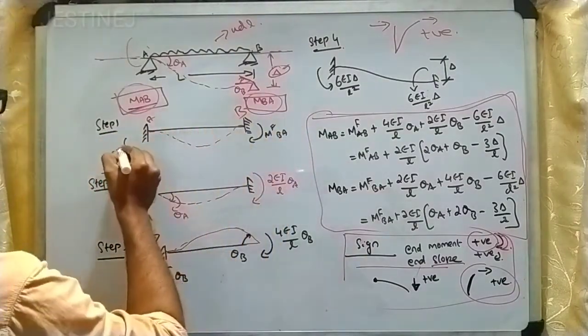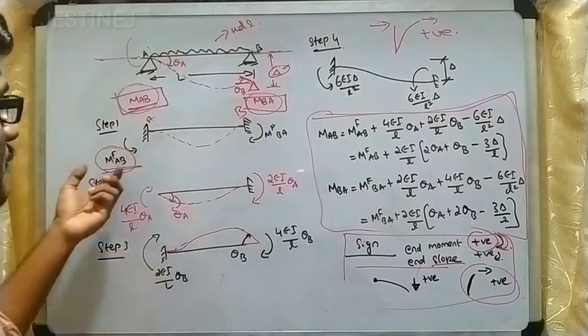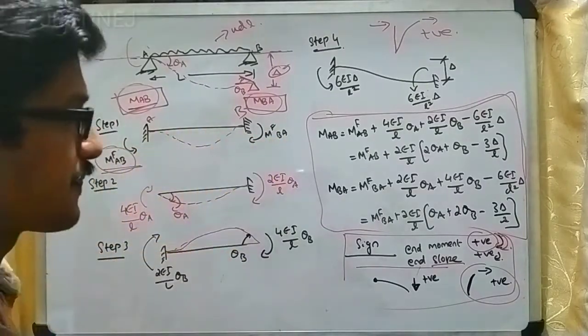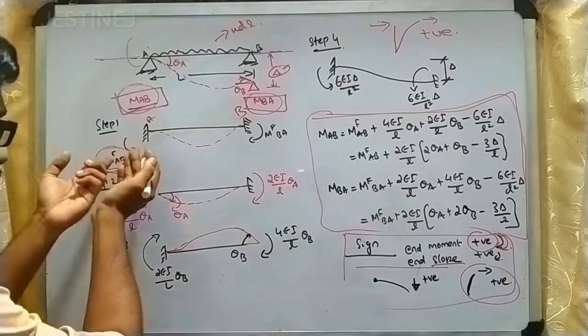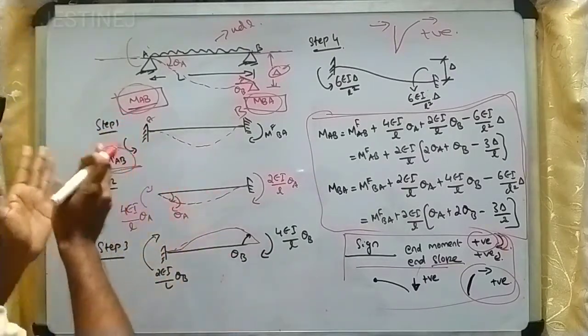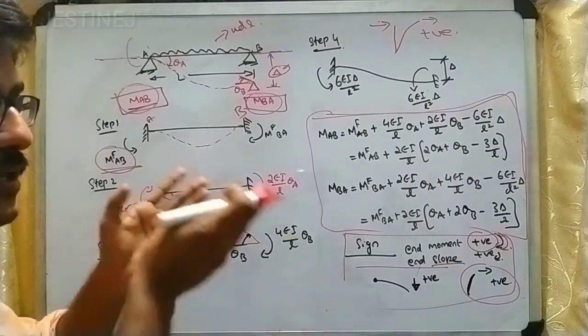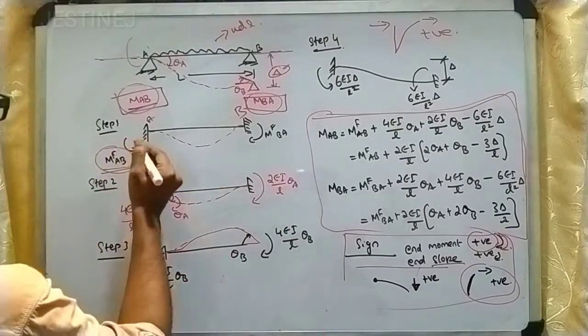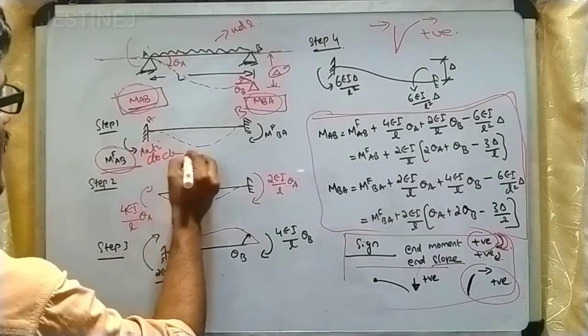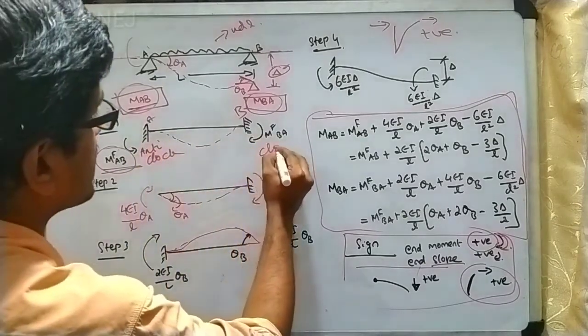You can note down that this value is MFAB and here MFBA. Always one of the end moments will be clockwise and the other anti-clockwise. So here it is in the anti-clockwise direction, and here it is in the clockwise direction.